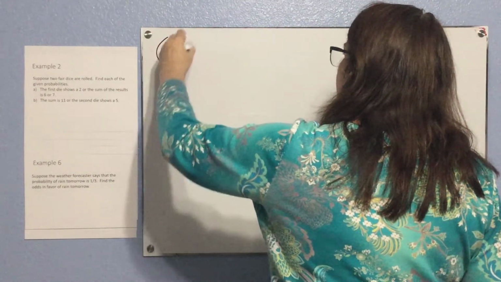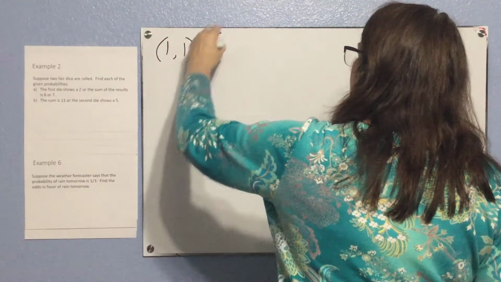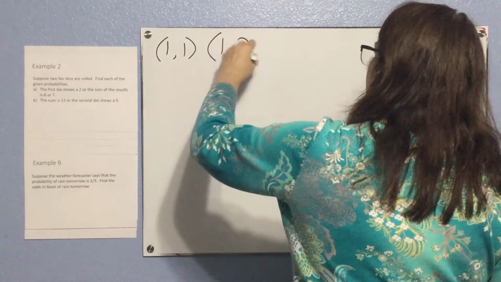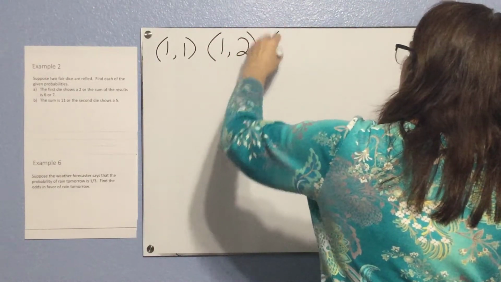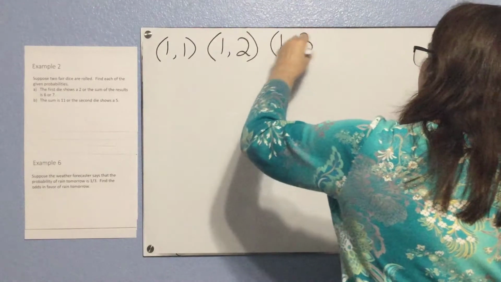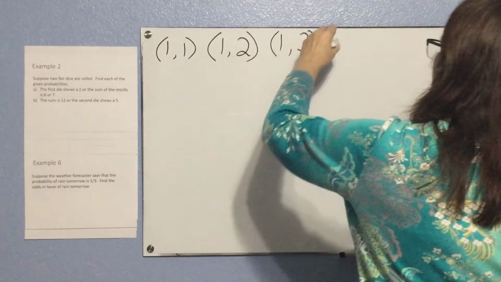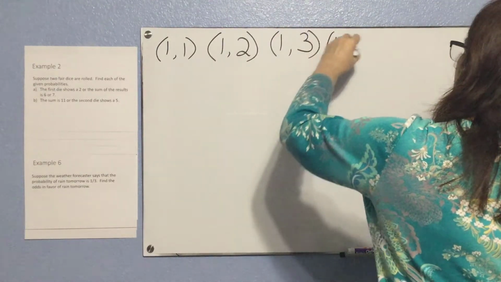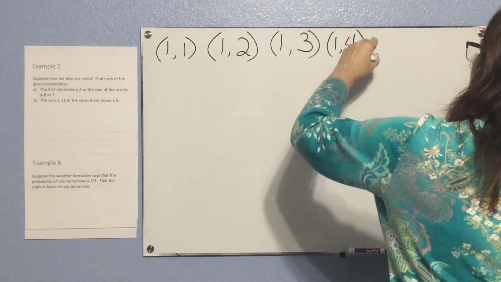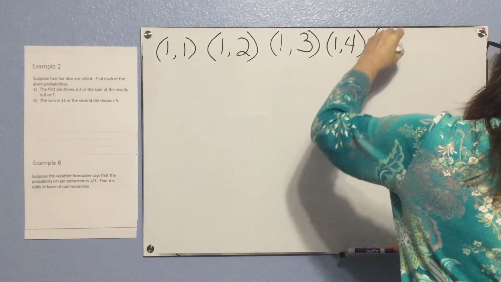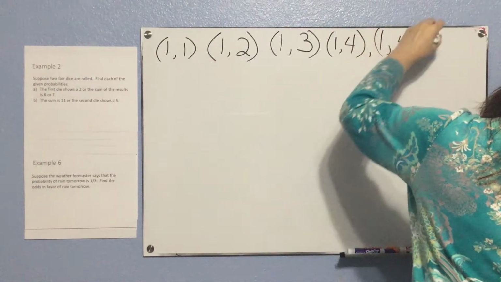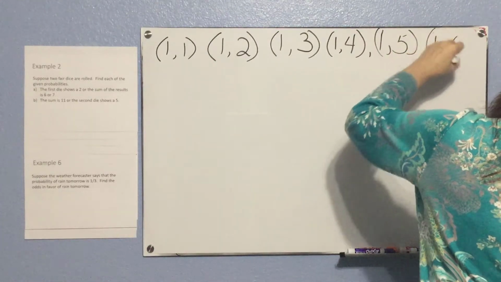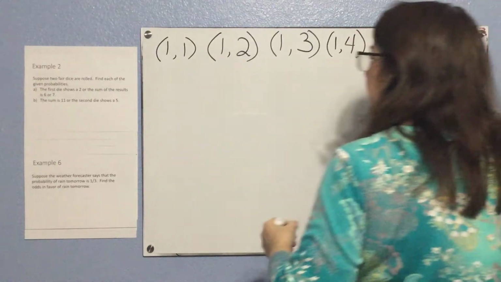So let's say 1, 1. We can get a 1 and a 2, a 1 and a 3. And we're just going to continue on this way until we have all the possibilities.